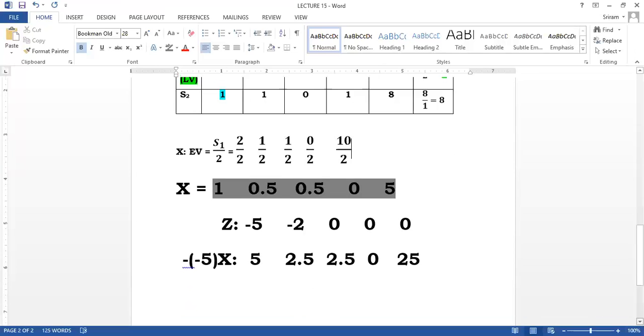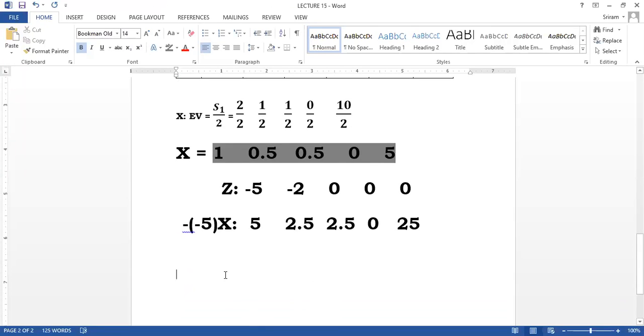In the same idea, I am going to find the value of S2. But before this, I have to find the addition here.